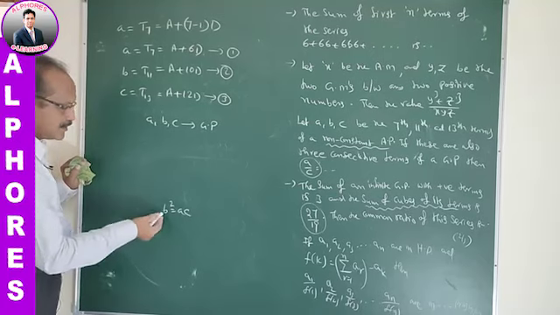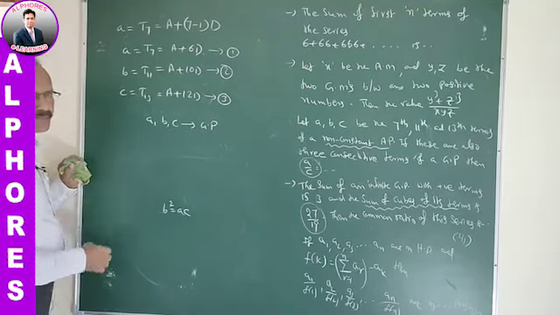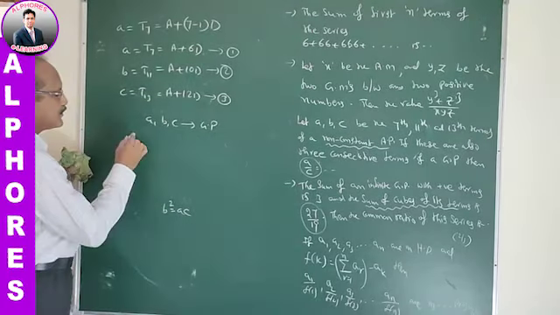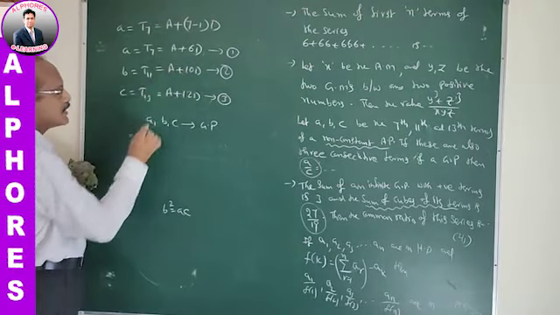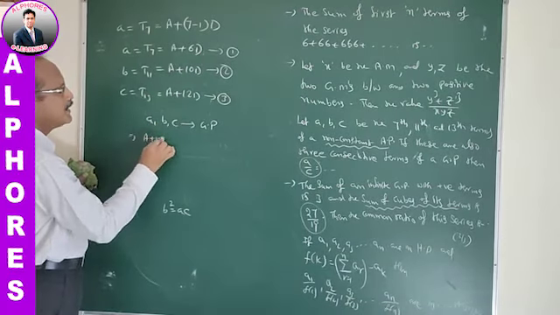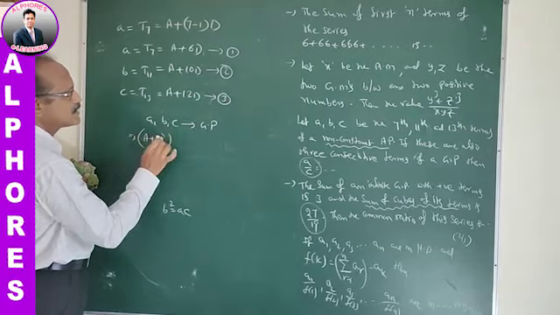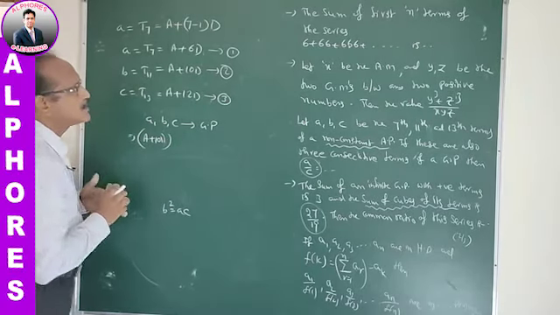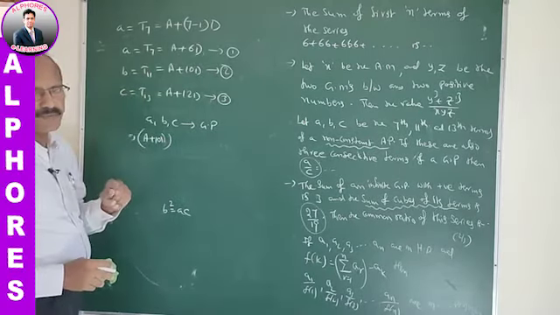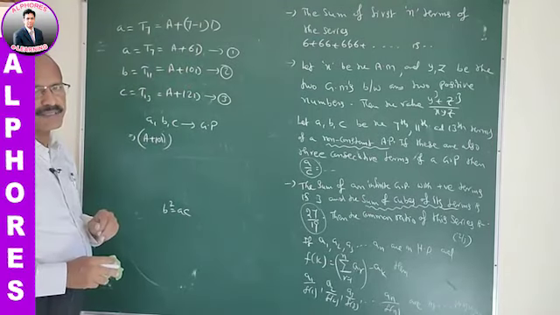Now I am applying this concept: B square equal to AC. That implies B square is (A plus 10D) whole square. Or you can calculate the A and D values from the first two equations.